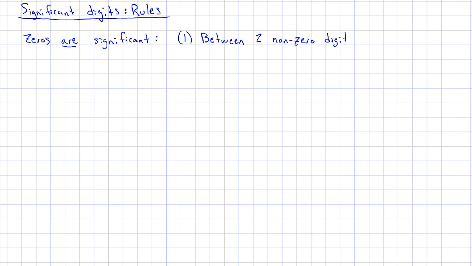So if it's between two other numbers, then you do count it. We'll just go through examples as we go. Example, if I have 101, that zero is in between two non-zero digits, so this has 3 significant figures.